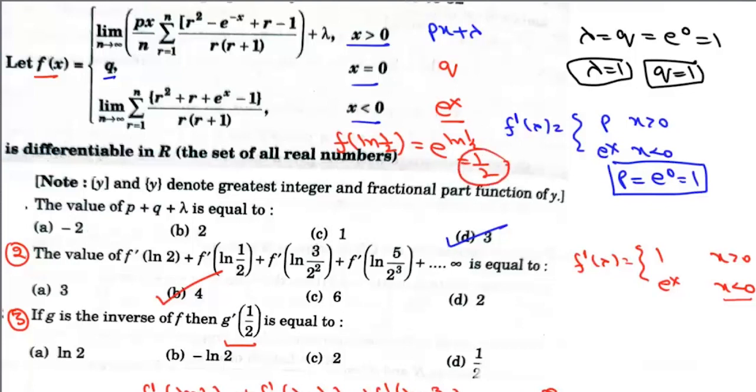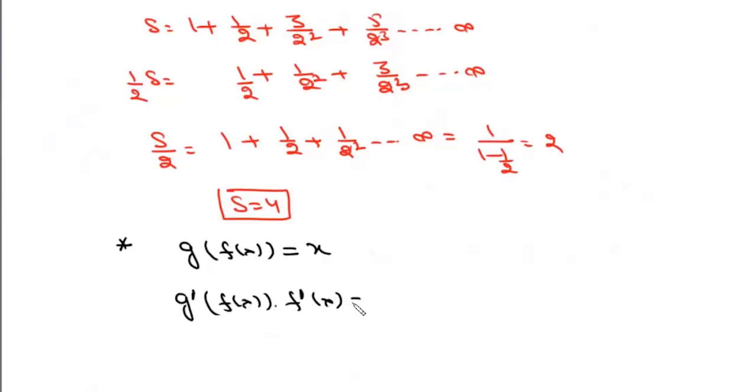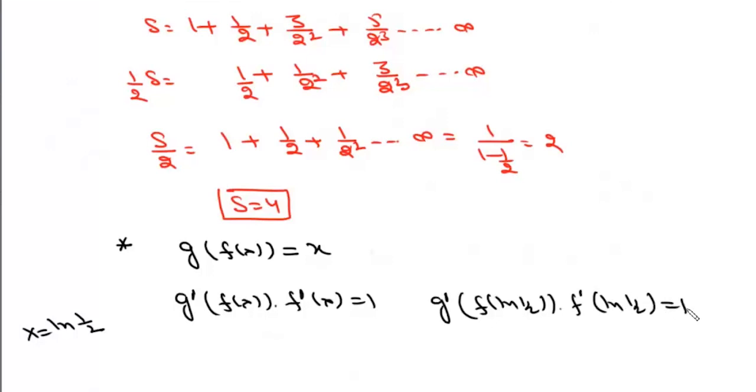Now we know that if f x and g x are inverse functions of each other, then g of f x is equal to x. Now we differentiate, and we can write g dash f x into f dash x, it must be 1, and what we'll do here is put x as log 1 by 2. So here it will be g dash f log 1 by 2 into f dash log 1 by 2, and it is equal to 1.